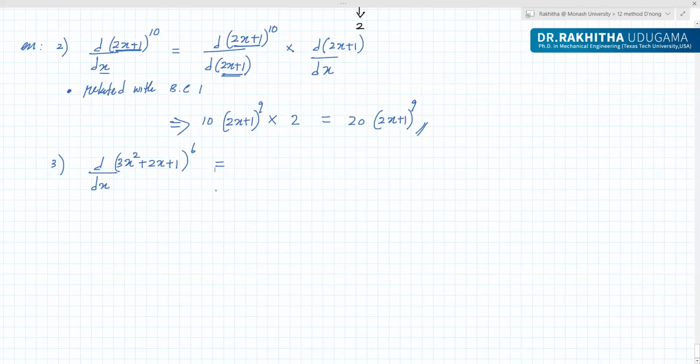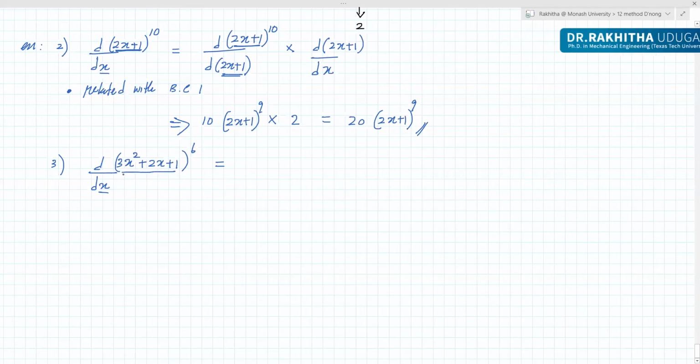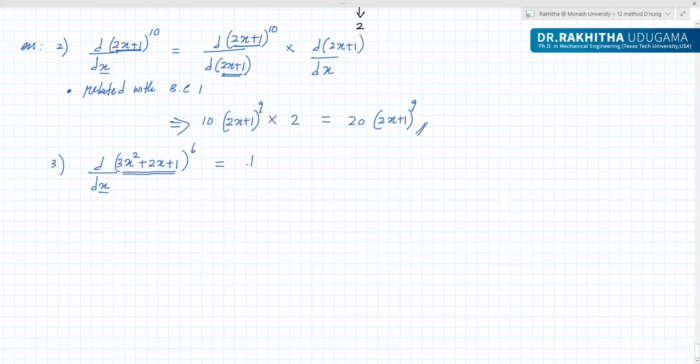Now here again this is related to base case number 1, but unfortunately you have x here, and you have something else here. Again, Michael Jackson is here, but you don't have Michael Jackson here. So what you will do, it doesn't matter what you have here. You might have a humongous thing here. Don't worry, it doesn't matter.